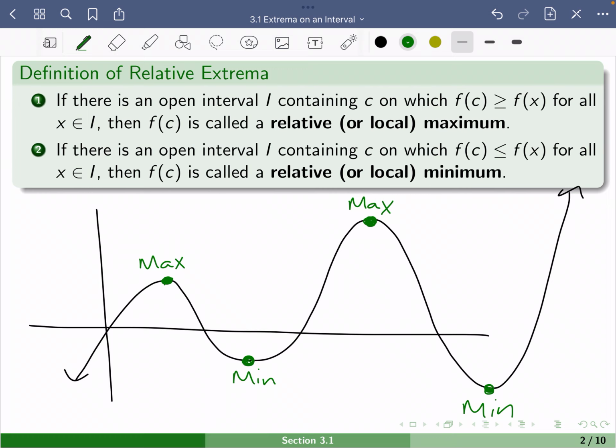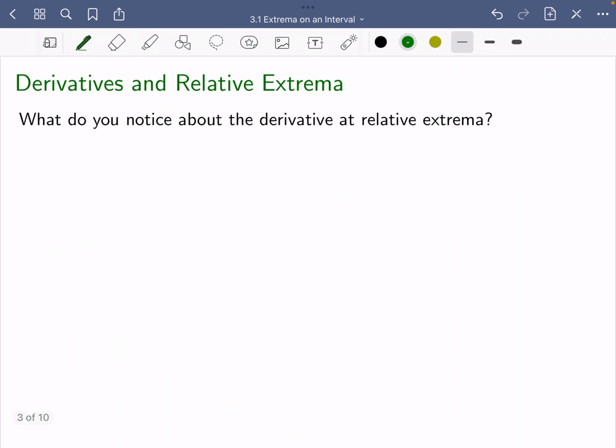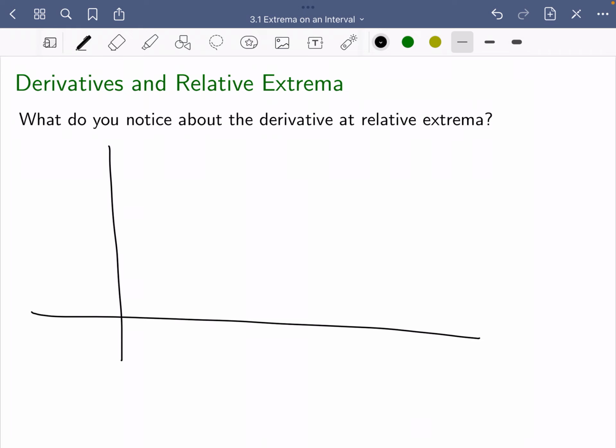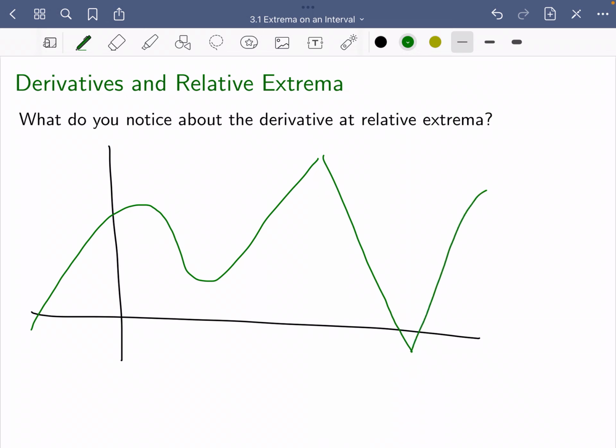Now, there are some observations that we might be able to make regarding the derivative at these relative extrema. So what do we notice about the derivative at the relative extrema? Let me draw a new graph. Let's say we have something like that.